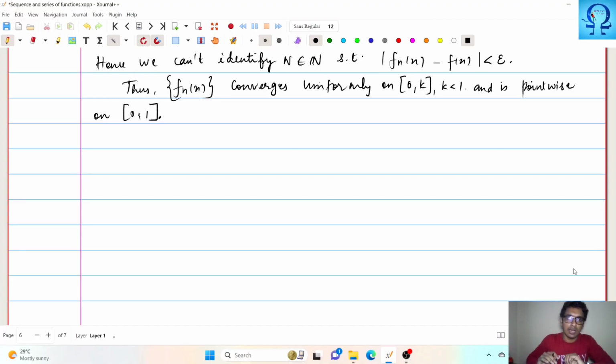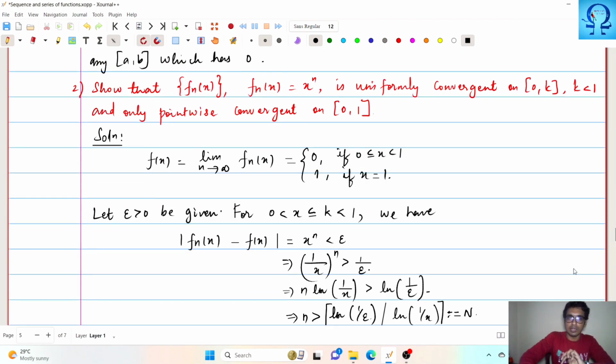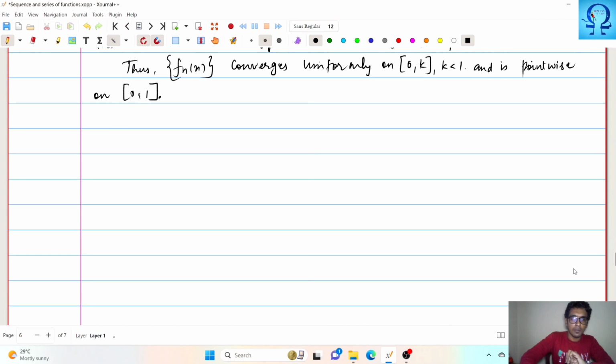Welcome back. As a continuation to our previous lecture, we are going to discuss a few more problems in this lecture to check whether the given sequence or series is uniformly convergent or not. This is our third example.